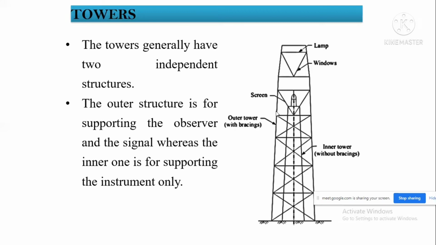The height of this tower depends upon the point at which the second station should be visible. Depending upon that, the tower height is decided. There are two tower types: the inner tower, which is without bracing, and the outer tower, which is with bracing.